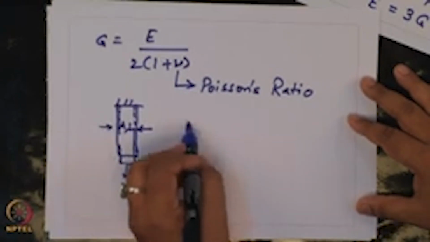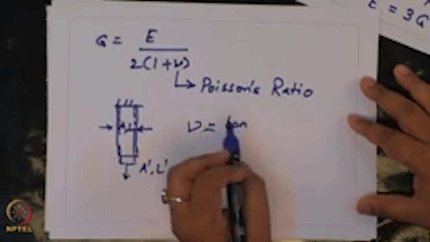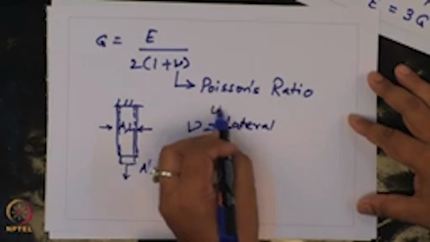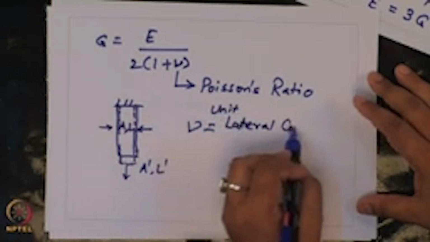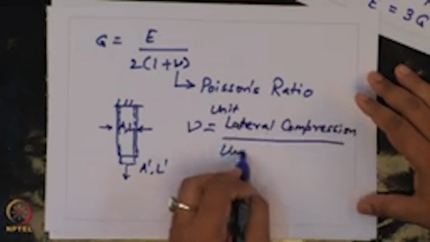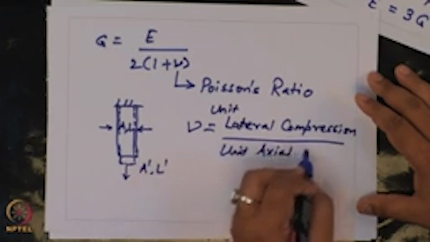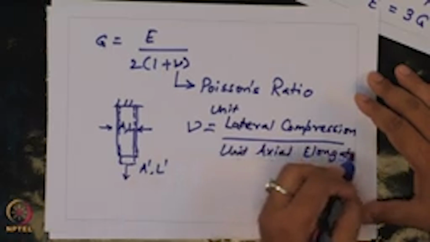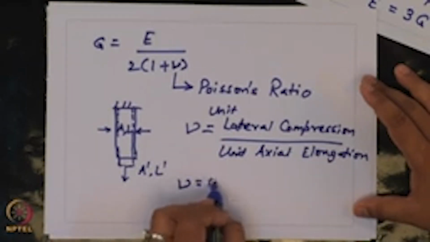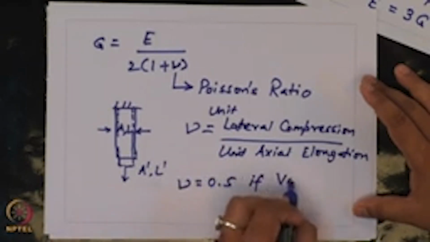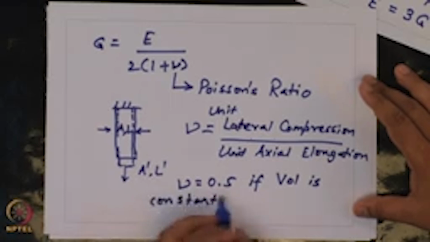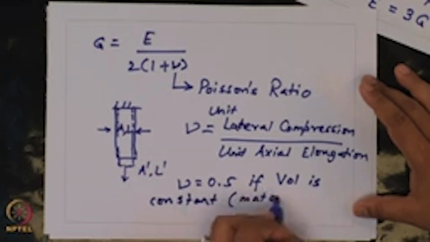So, Poisson's ratio is given by unit lateral compression by unit axial elongation. Okay. So, it can be shown that nu is equal to 0.5 if volume is constant. That is, the material is incompressible.